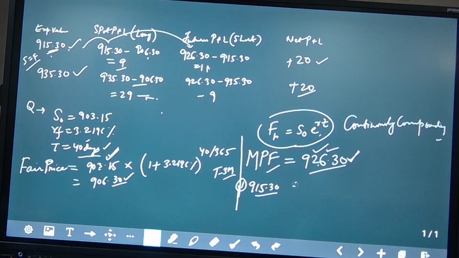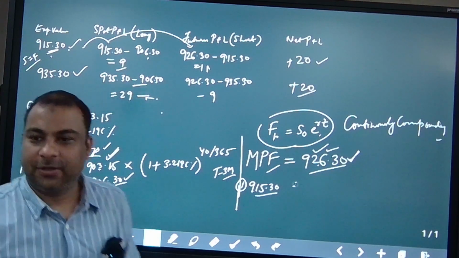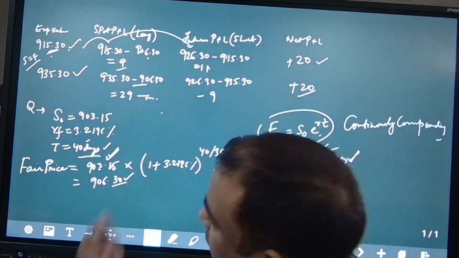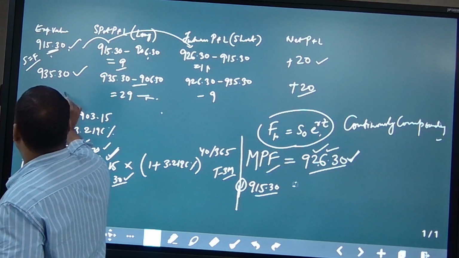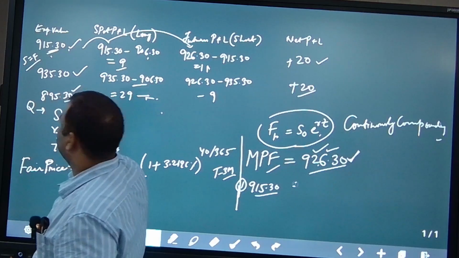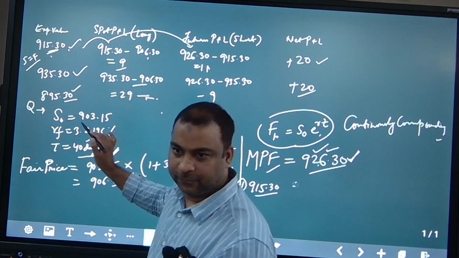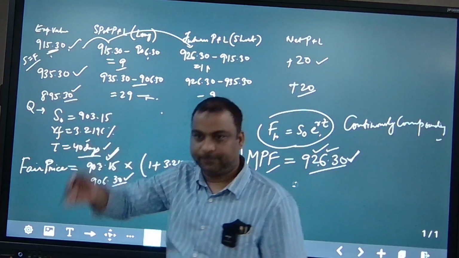Understood this? What is the confusion here? You can take any value. You can take 895.30. I am taking 30 due to round off. You can take any price. Calculate it.